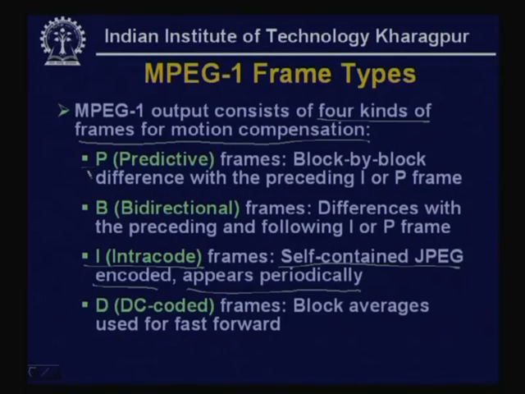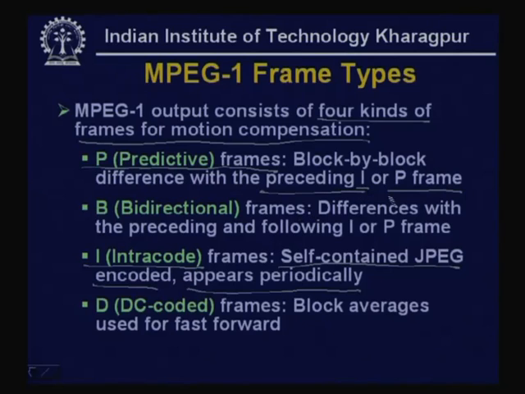On the other hand, the P type, the predictive frames, use the block by block difference with the preceding I or P frame. So, a P type of frame cannot be decoded independently; it is not self-contained.